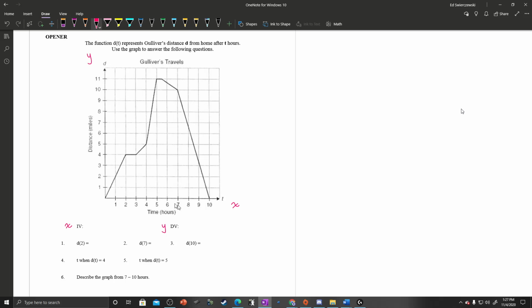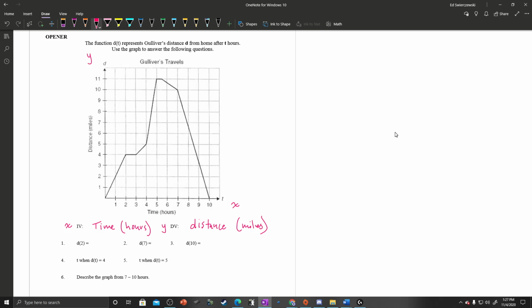I look at my horizontal axis, so it is time, the input in hours, and the output, or the d variable in this case, or y, is the distance from home in miles. And it can be nice to put the units here.